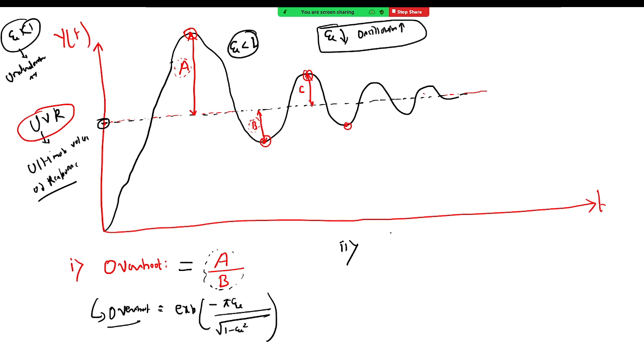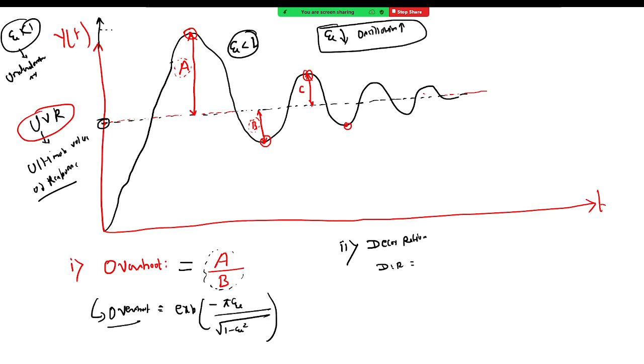The second parameter is defined as the decay ratio. For our purposes, we will consider only the first and second peaks, A and B. Here, the maximum value of the response is this one.